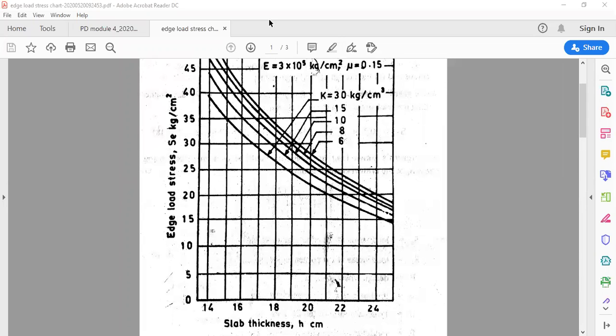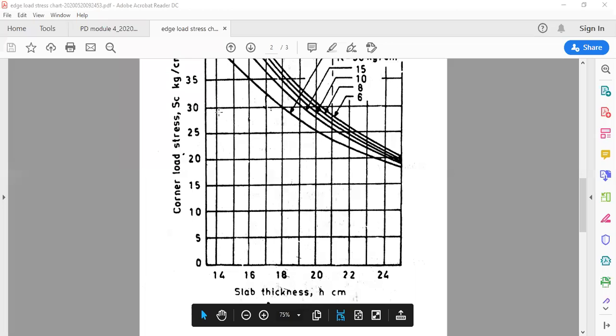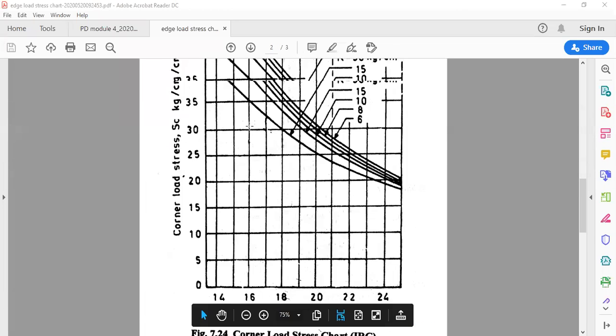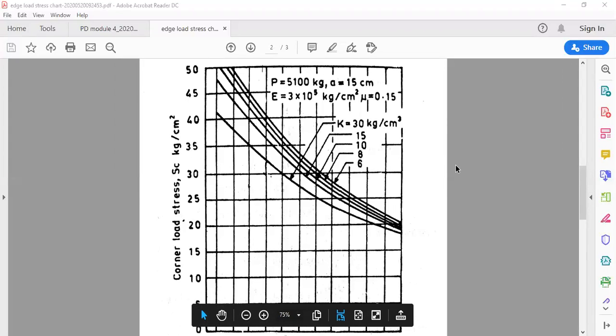And the next chart is represented by corner load stress. Your x-axis again is represented by thickness of the slab, and your y-axis is represented by corner load stress.